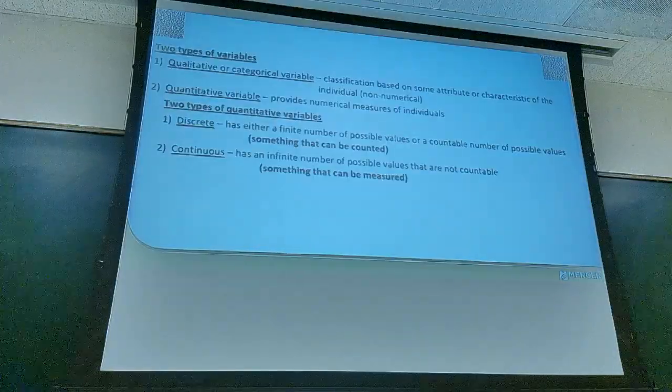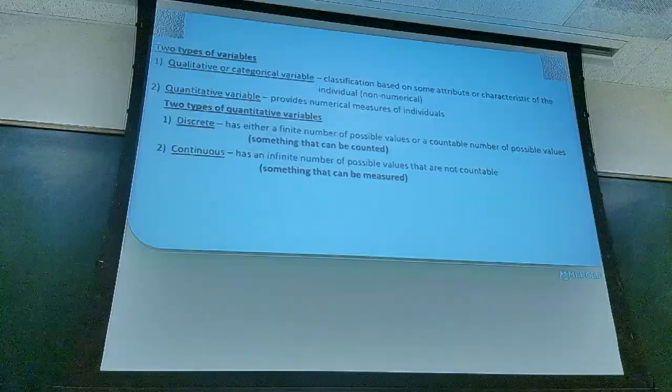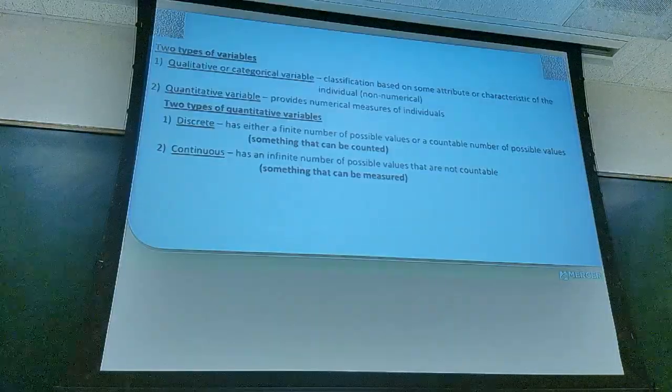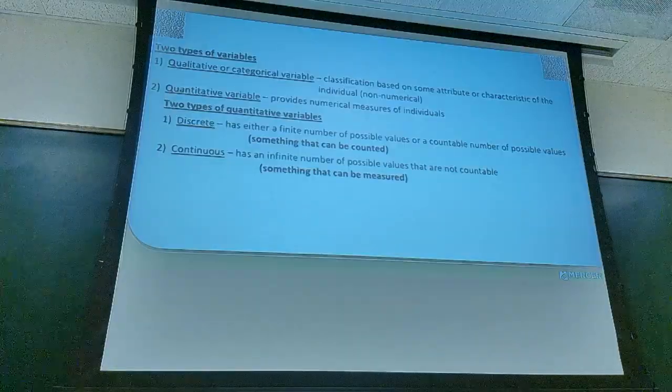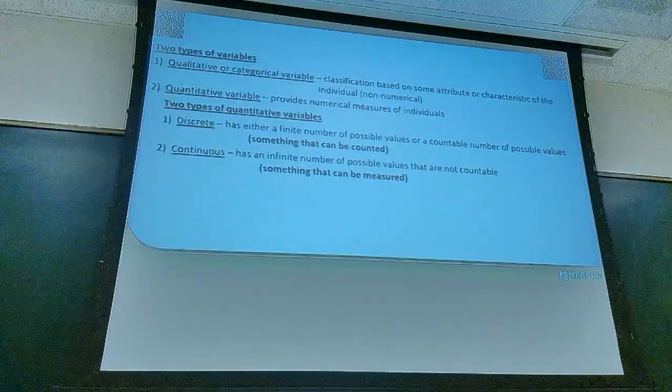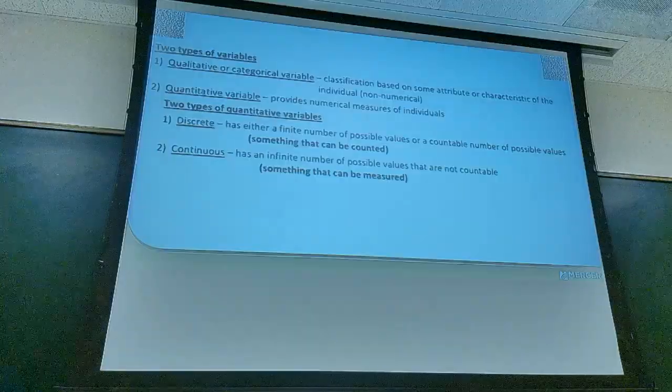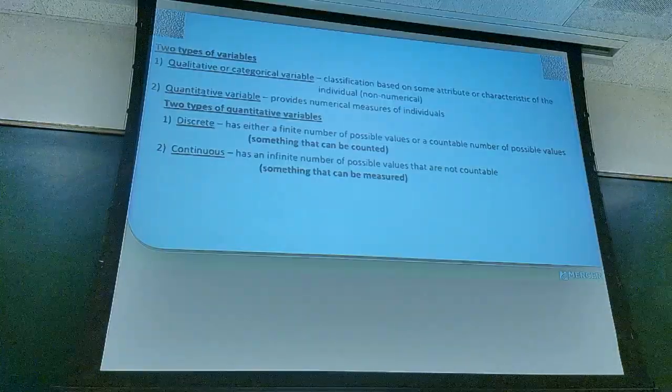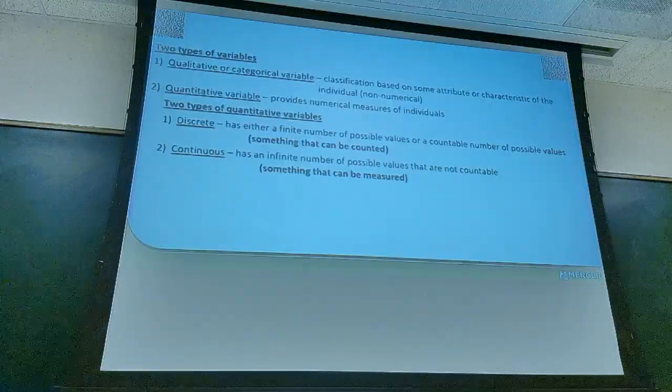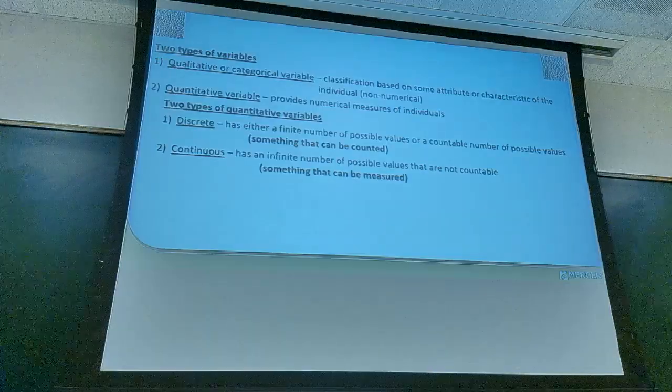How many values are there between 0 and 1? There's an infinite number of them. Can they be counted? No. Generally speaking, counting means there's a 1-to-1 correspondence between the values and the natural numbers or counting numbers.